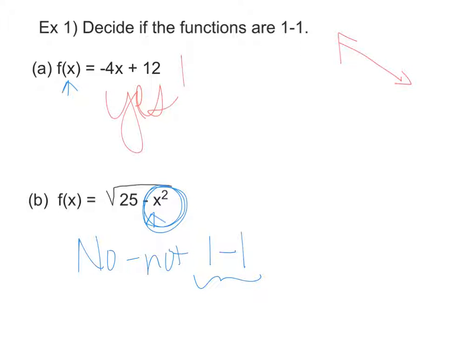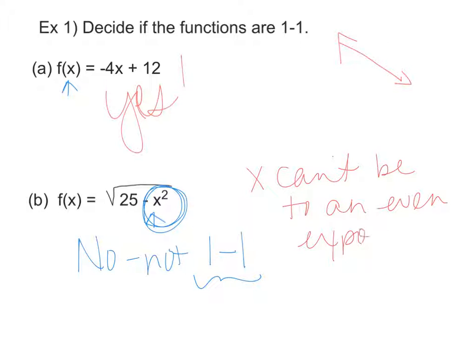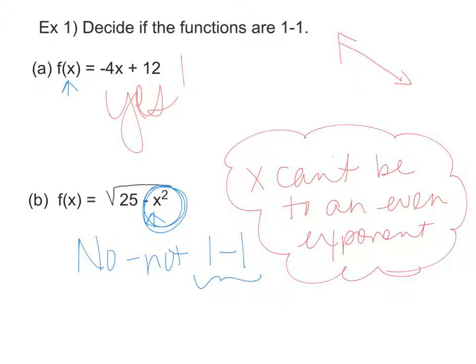This is not one-to-one, and the criteria behind this is x can't be to an even exponent. So anytime x is to an even exponent, you just look at the problem and you know that's out. If x is to an even exponent, you're done. All right? Cool.